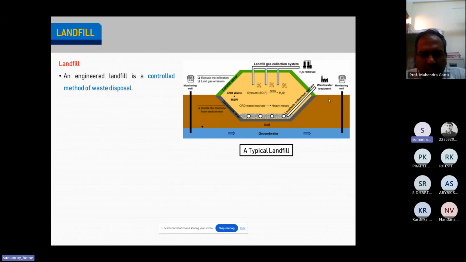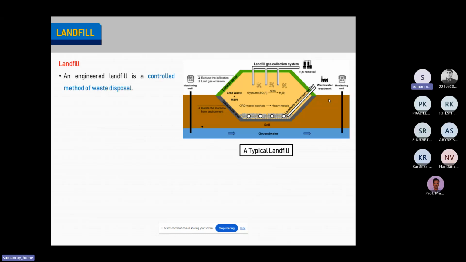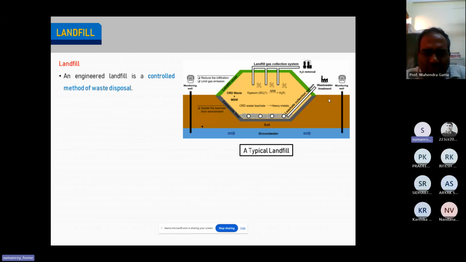If you put this entire dump within this cover system, the main objective of the cover system is to prevent the interaction of the waste with the atmosphere. If it doesn't interact with the atmosphere, then the process of decomposition will be less. That is the first thing. Even if it decomposes, the cover system prevents these gases from coming out.